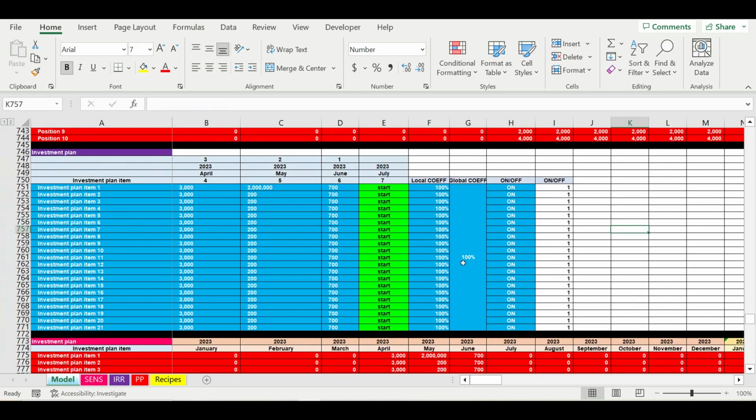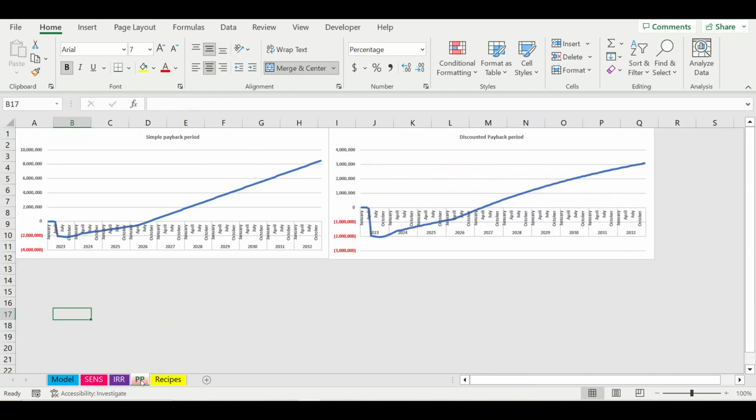Then, for example, we can increase the step.